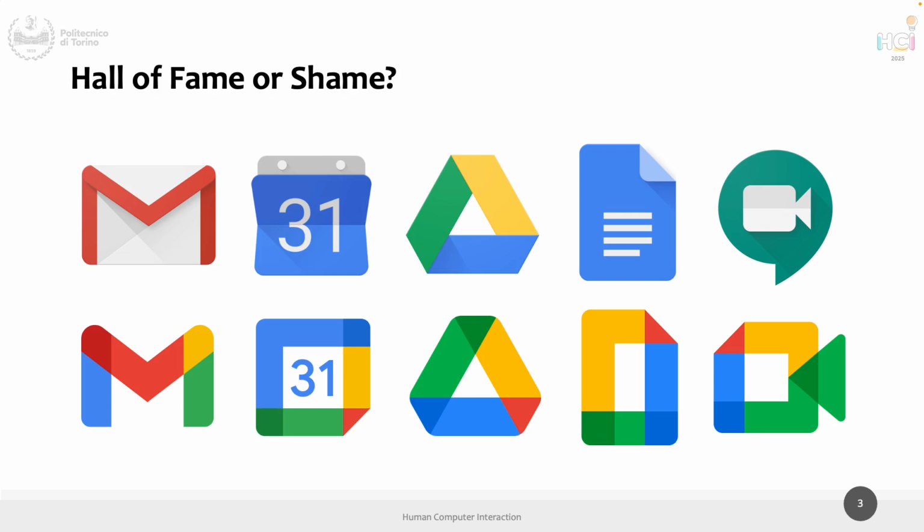There is too much consistency going on here. A little bit less could have been better. So are Office icons and Adobe icons better in consistency? Probably. I don't remember them now, but probably.